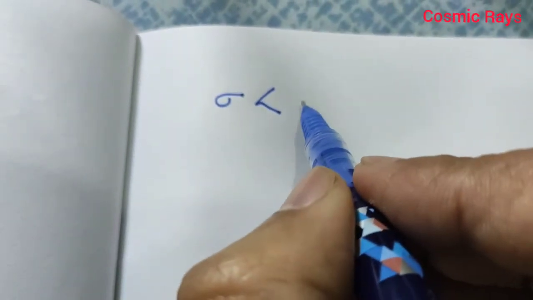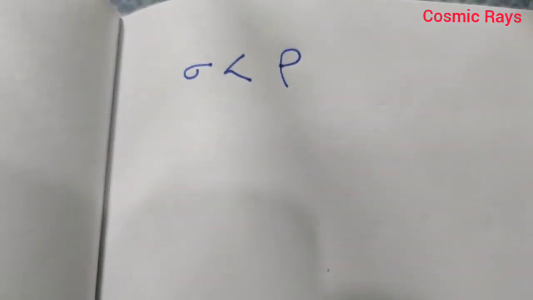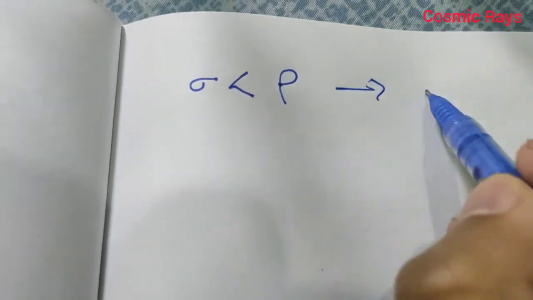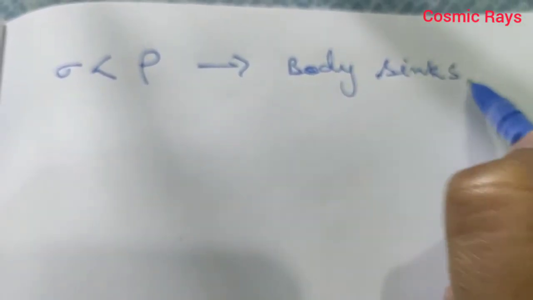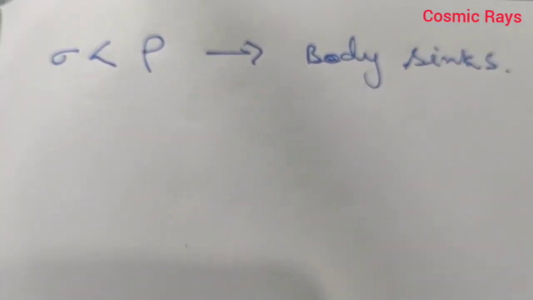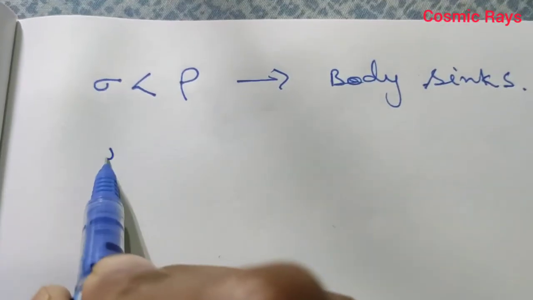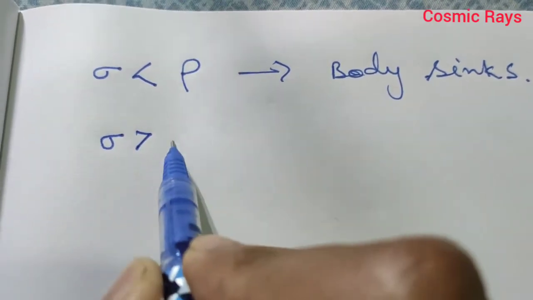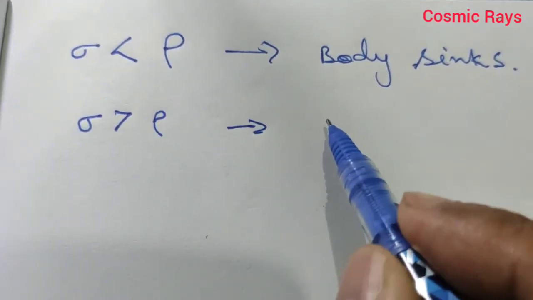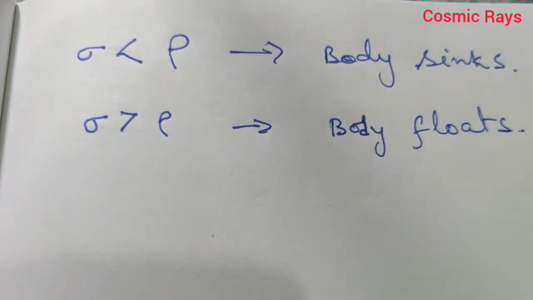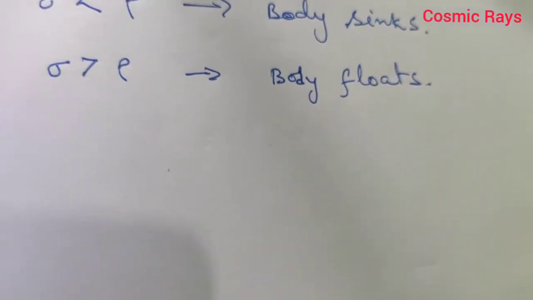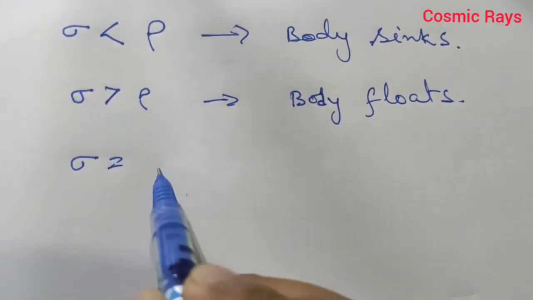If the density of the liquid is lesser than the density of the object or the body, then the body sinks. Similarly, if the density of the liquid is greater than the density of the object, then the object or the body will float. And finally, it might happen that they are equal to each other.